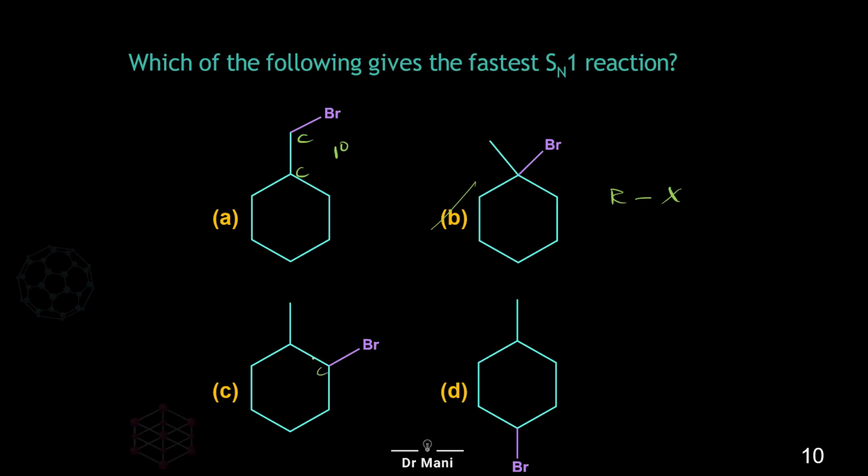This carbon is attached to 2 other carbons, and this carbon is also attached to 2 different carbons, and bromine. So which one will be the best one here? Option B?